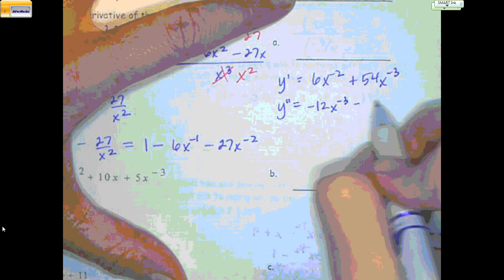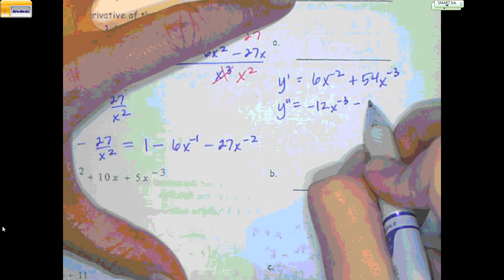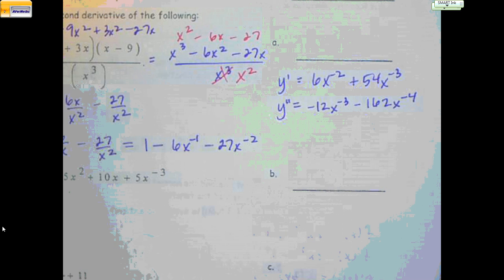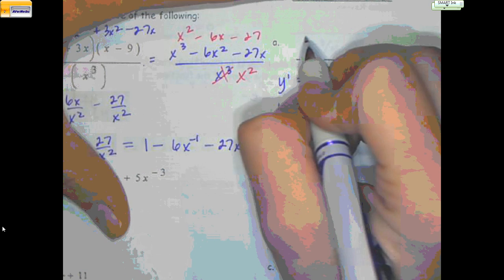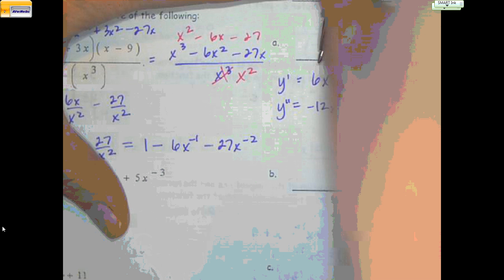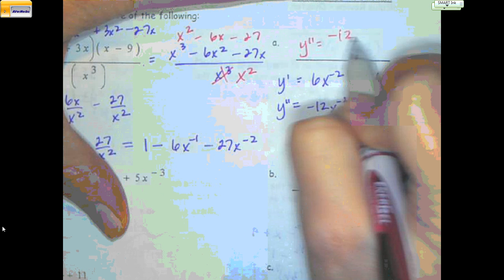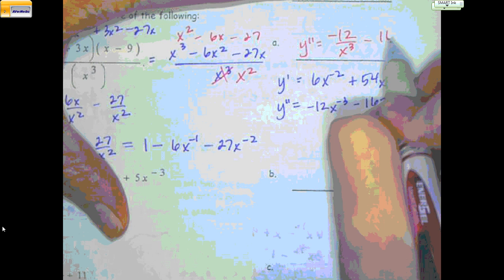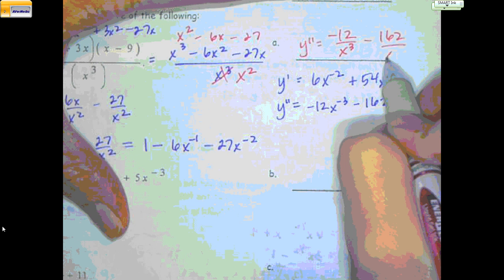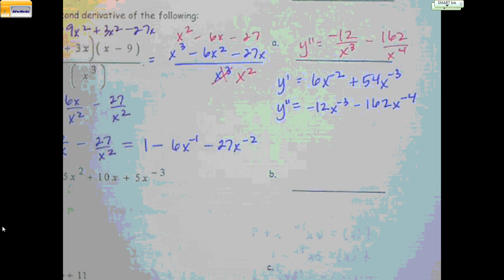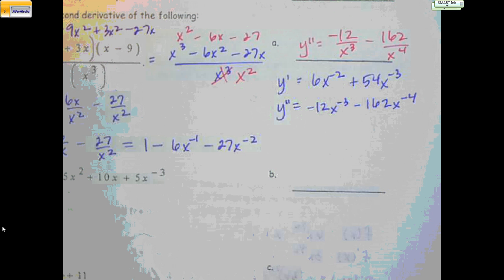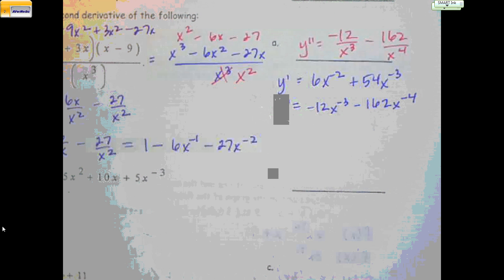Negative 3 times 54 is negative 162 x to the negative fourth. Can I leave those negative exponents there? Absolutely. Not this time. So we just rewrite it up here as the second derivative is negative 12 over x cubed minus 162 over x to the fourth. That is much faster, much less messy than the whole quotient rule mess, trust me.